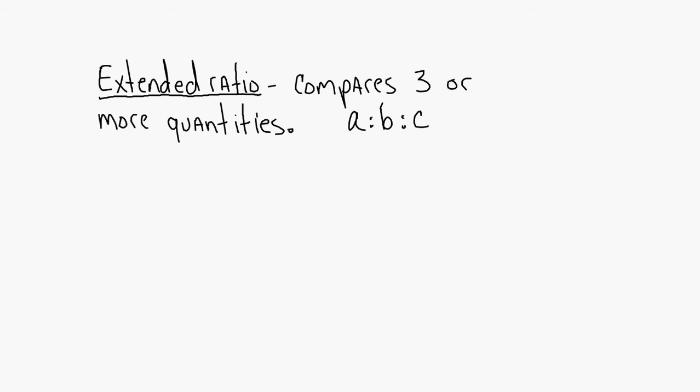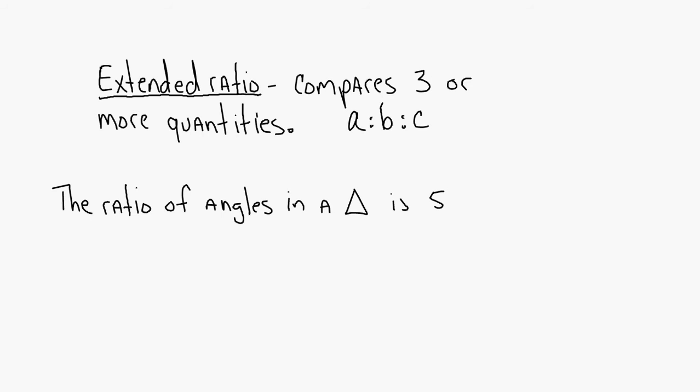So if you're told that the ratio of angles in a triangle is 2 to 3 to 5, what are the angle measures?